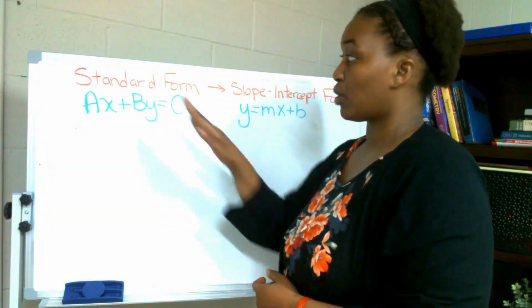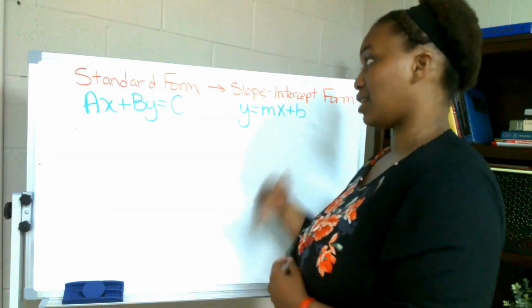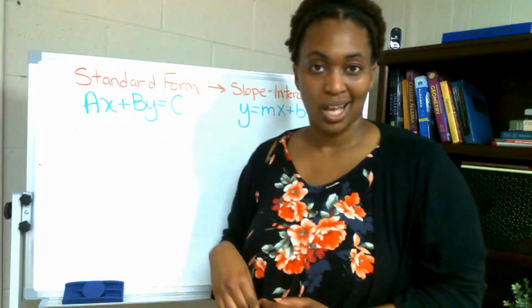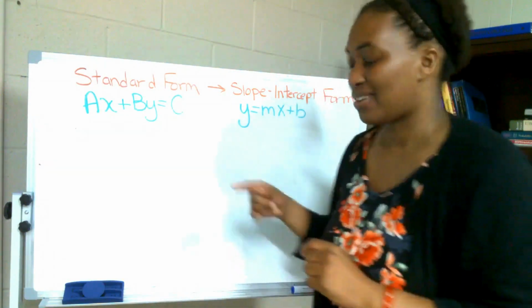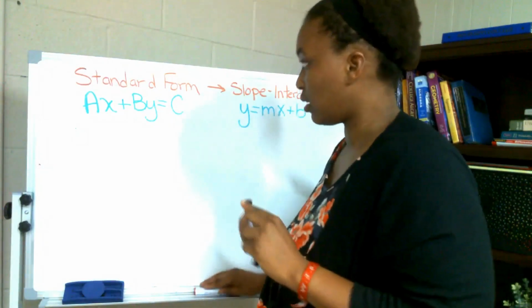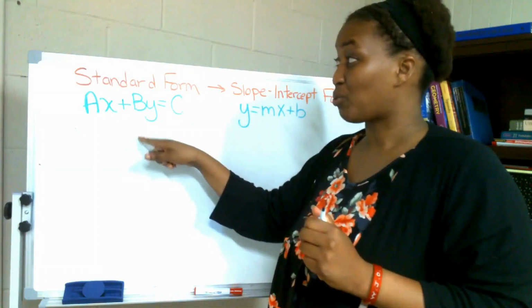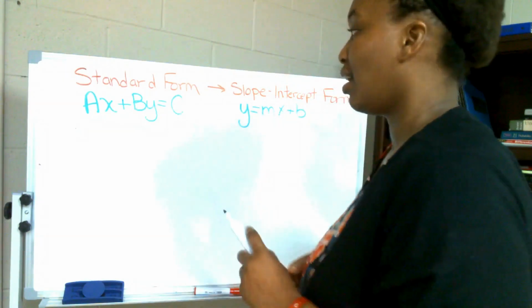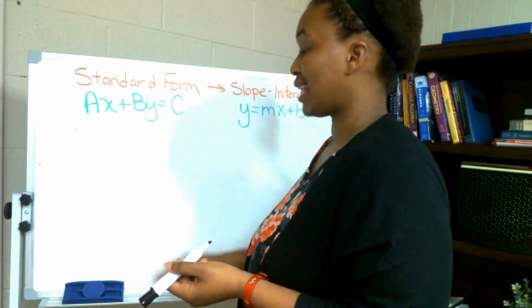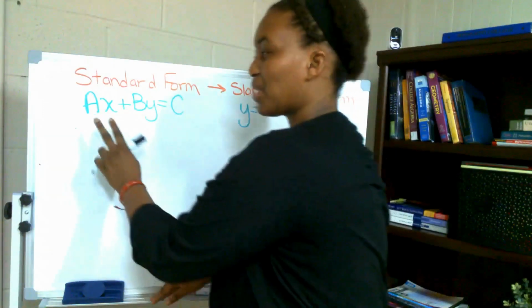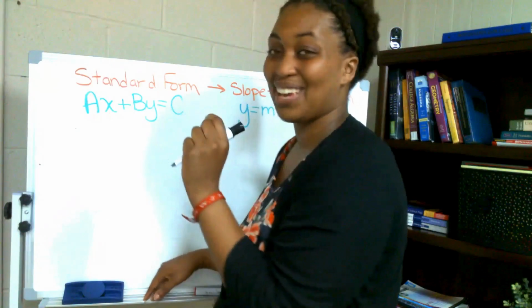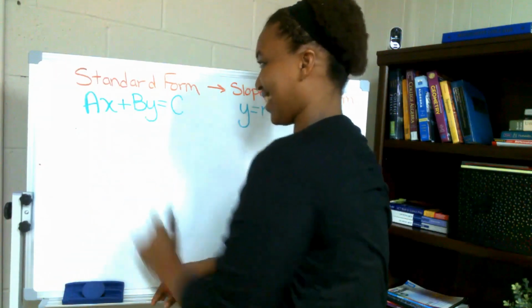So, going from standard form to slope-intercept form. Right now I just have some general equations, but let's make use of these. I'm going to get my markers here for a second. I'm going to rewrite my standard form, but plug in some actual numbers for those letters A, B, and C. We're going to keep the variables x and y.